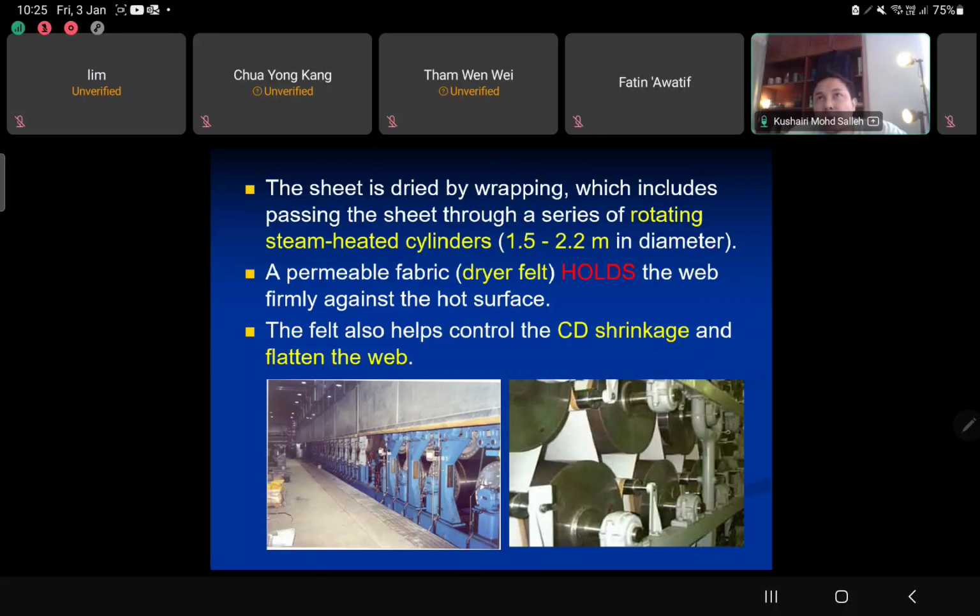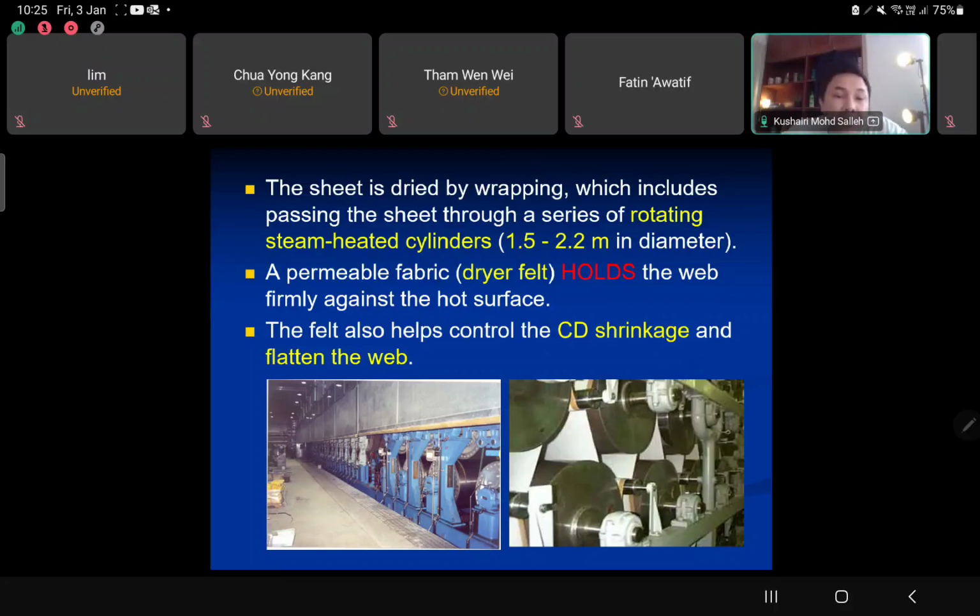Since we are talking about a continuous process in the approach flow system, this evaporation, or heating process, happens in rotation. So we are using rotating steam heated cylinders where the diameter is about 1.5 to 2.2 meters. It could be bigger than that depending on the capacity of the paper manufacturing.